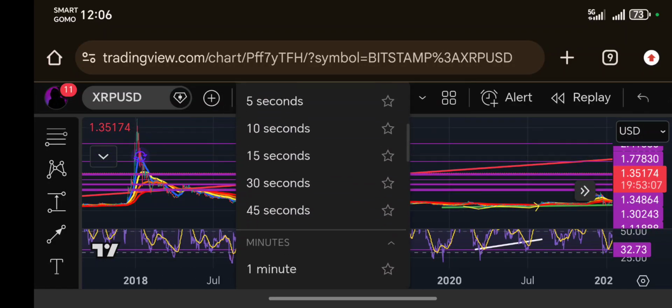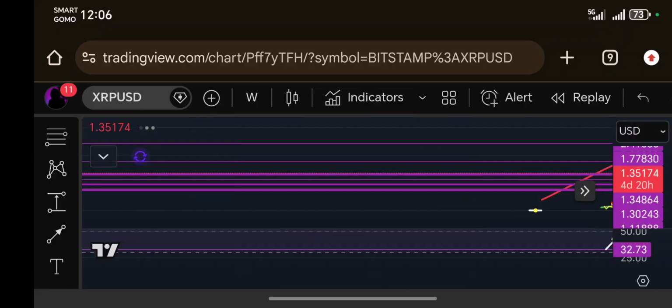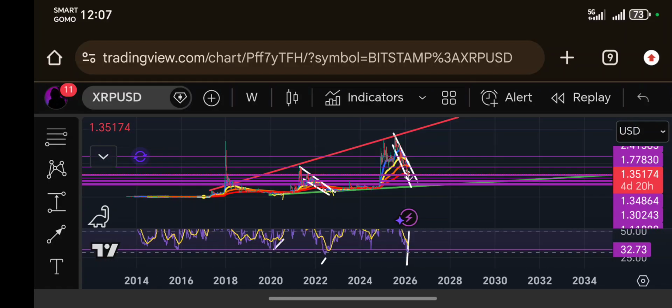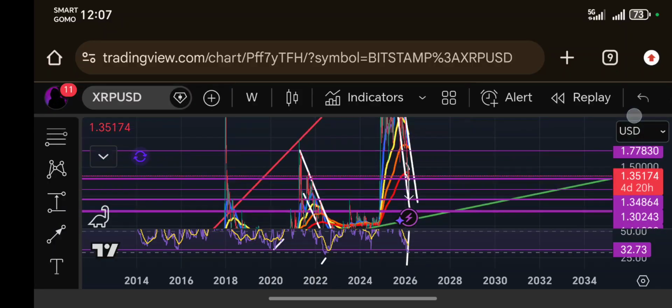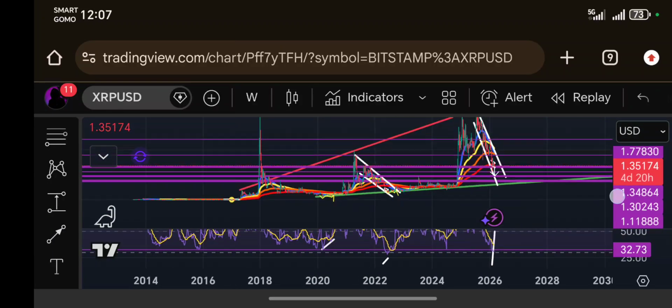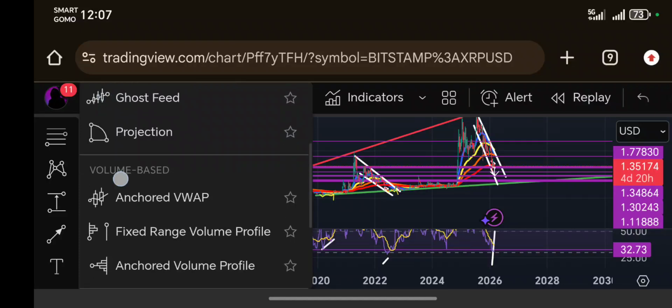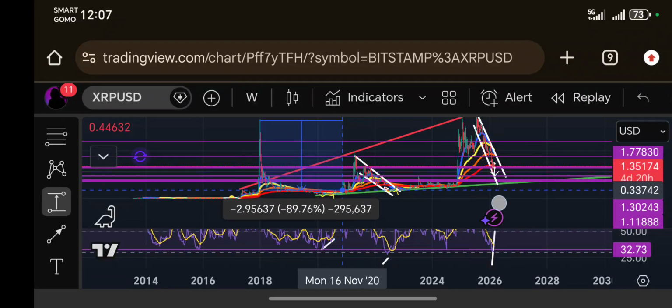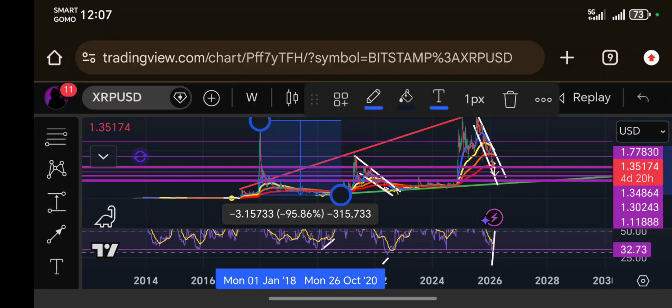I'm going to use the weekly chart here to minimize this one. In the past bear market, this one tends to be a 95% drop.